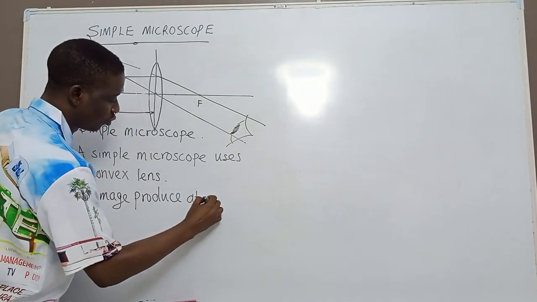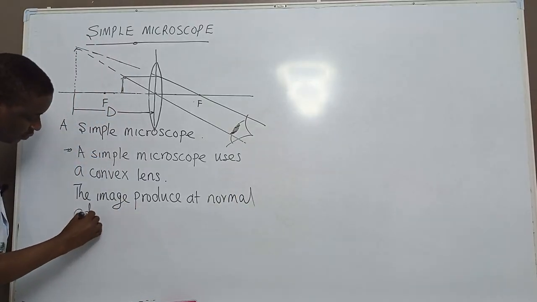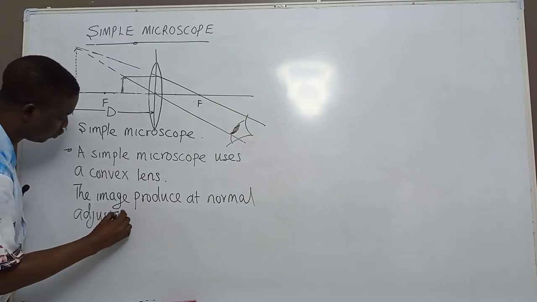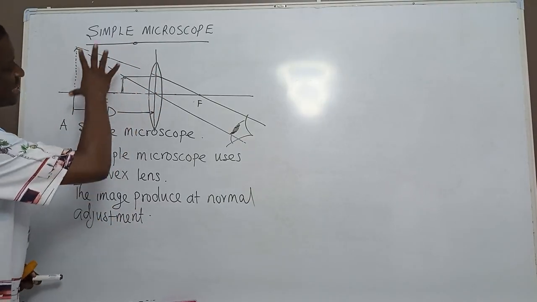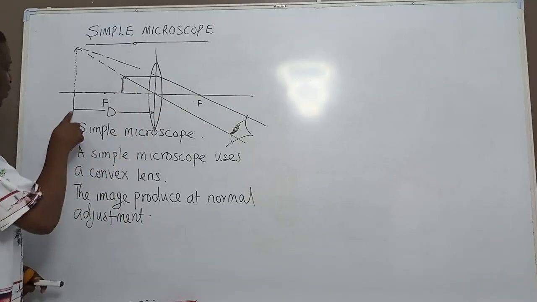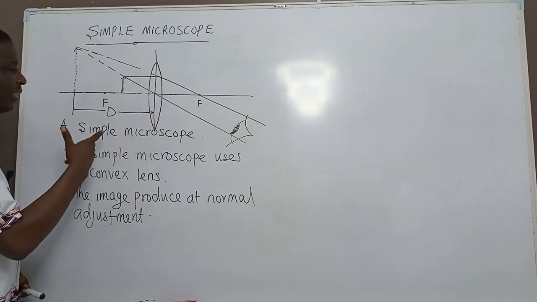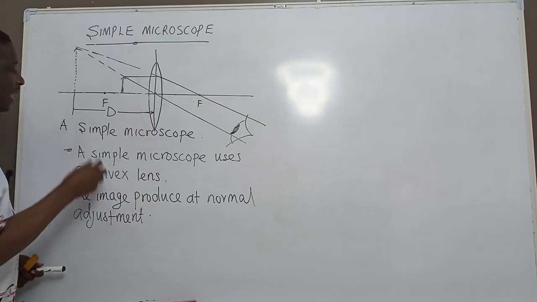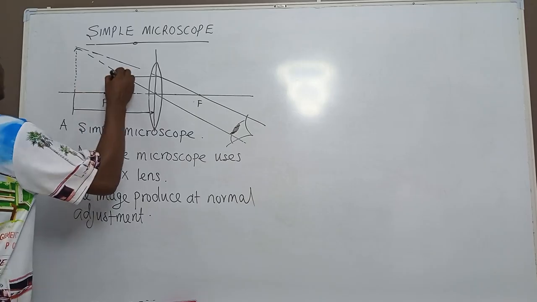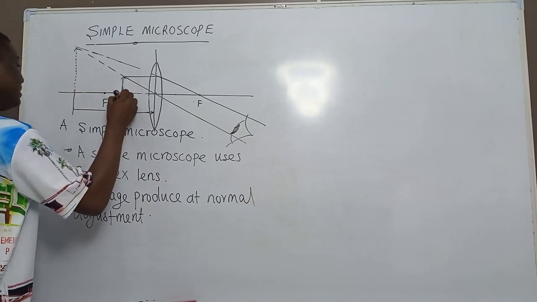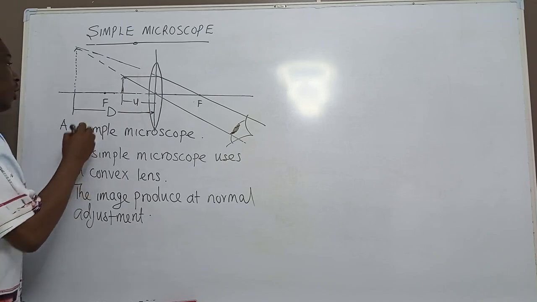That means the setup is normal to see a distinct, close vision, that is at 25 centimeter. Now in this case, from here to here is the object.